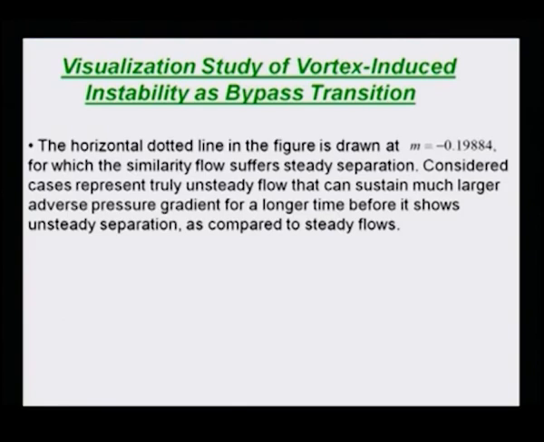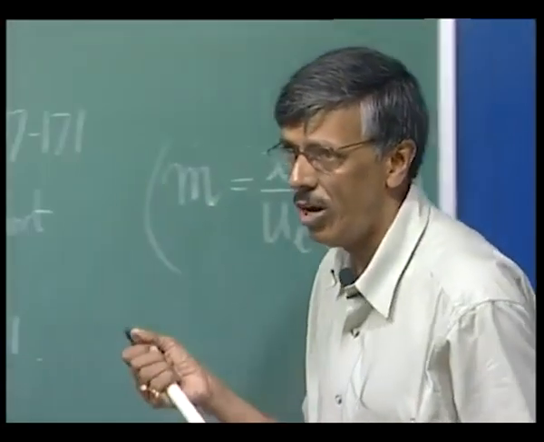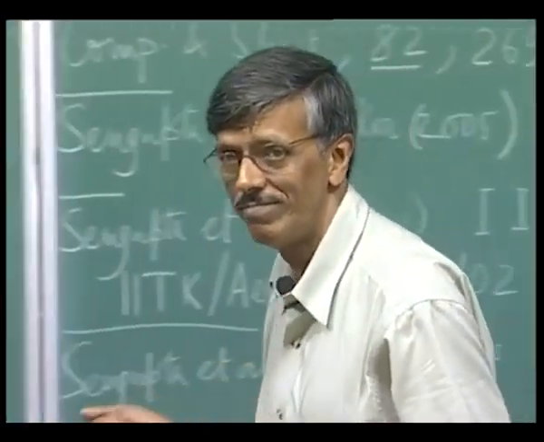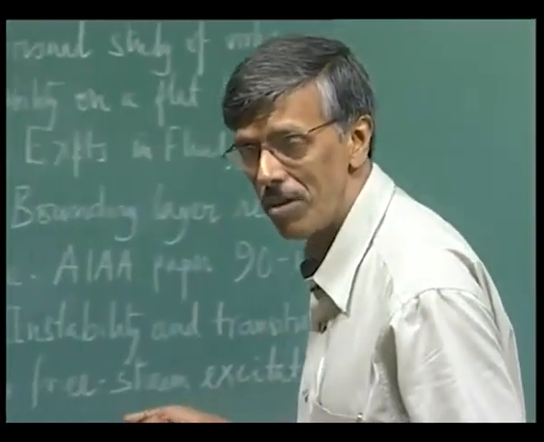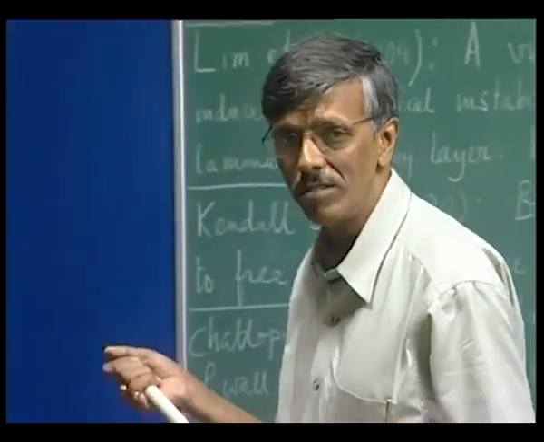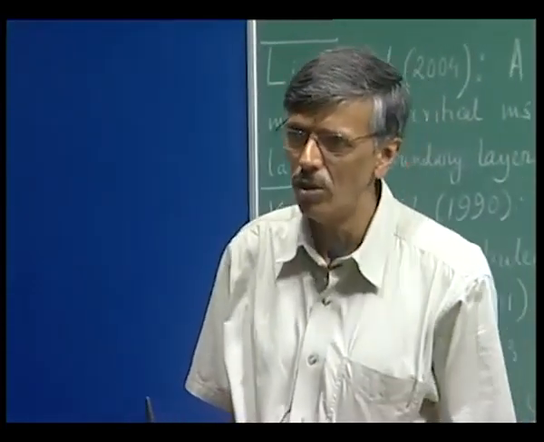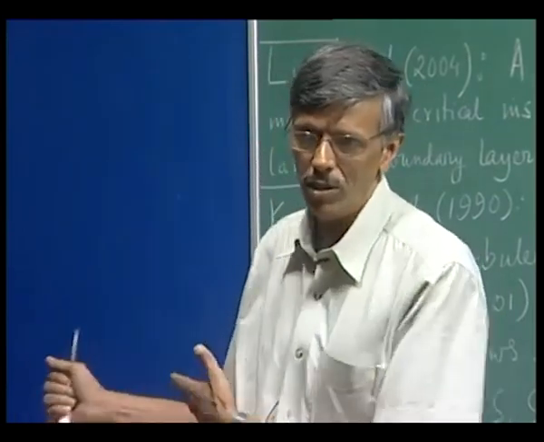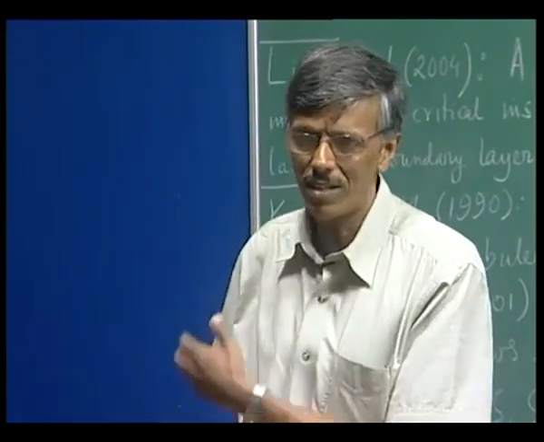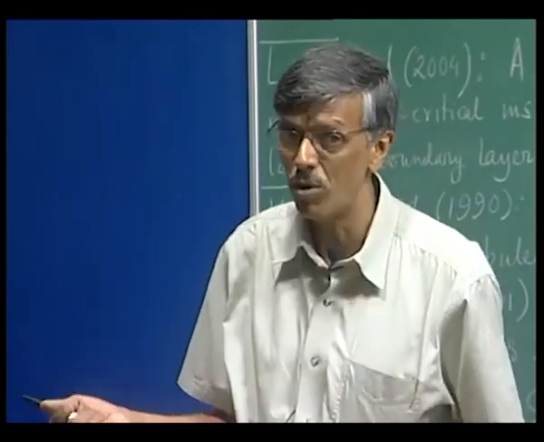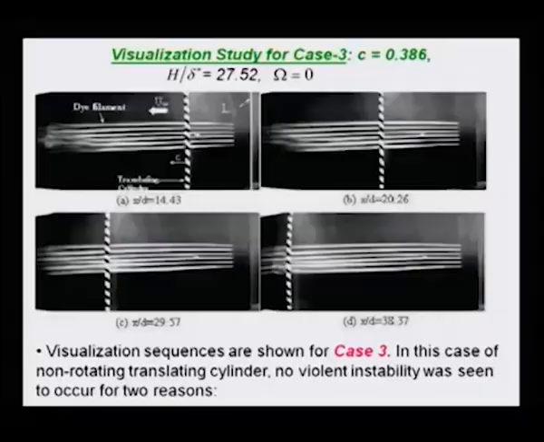So, this is something you must understand: Prandtl's criterion of steady flow separation is just a very empirical observation. It was just stated that where tau equal to 0 would lead to separation, but we see here in such cases we have much more adverse pressure gradient, and still we do not see it.